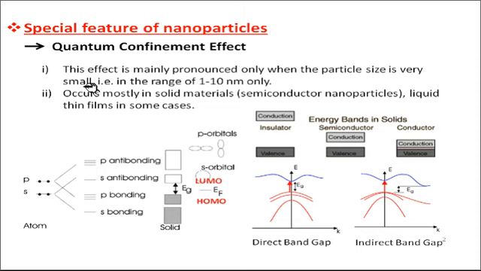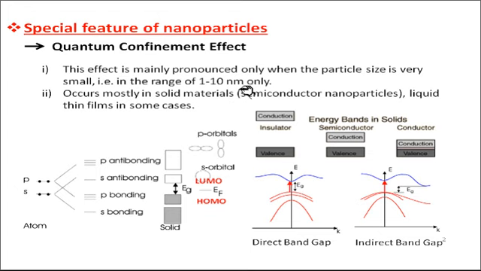What does that thumb rule say? It says that if the particle size is in the range of 1 to 10 nanometer, remember 1 to 10 nanometer, then only this quantum confinement effect is very much pronounced. Okay? Or alternatively, you can say that this quantum confinement effect is very much effective only when the particle size is in the range of 1 to 10 nanometer.